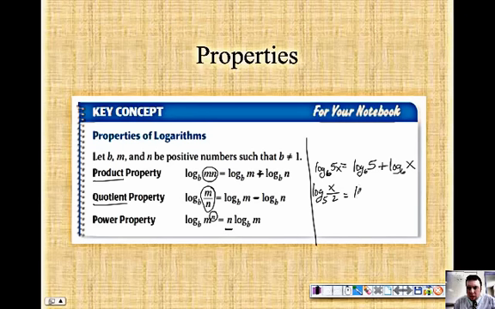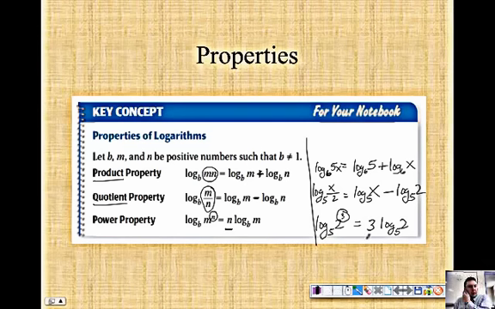So this is equal to log base 5 of the top, which is x, minus log base 5 of the bottom, which is 2. Last one, log base 5 of m to the n, so 2 to the third. This is equal to, all you do is take the exponent and you pull it out front. So 3 log base 5 of 2. There you go. Those are those three properties right here.